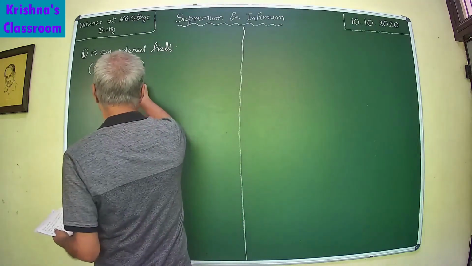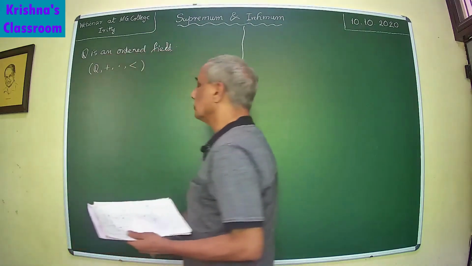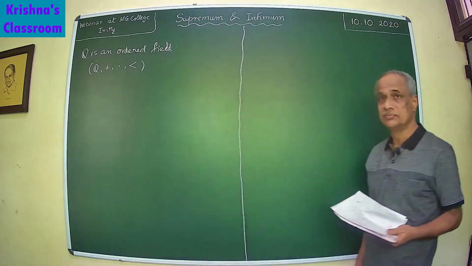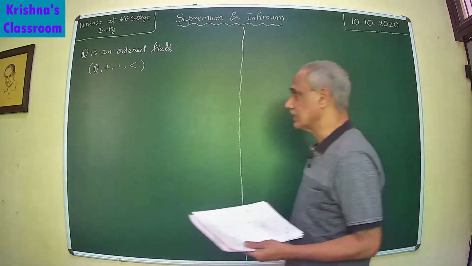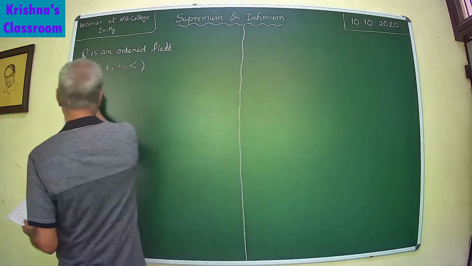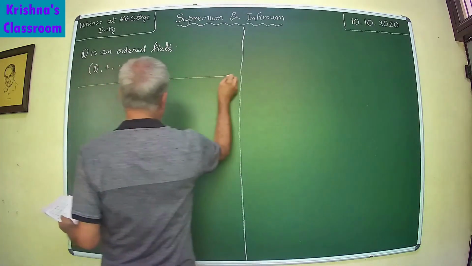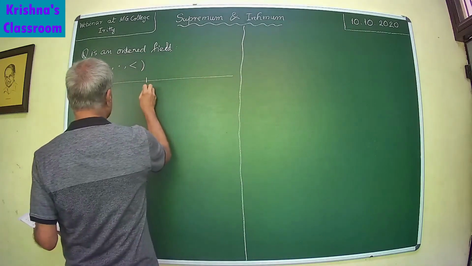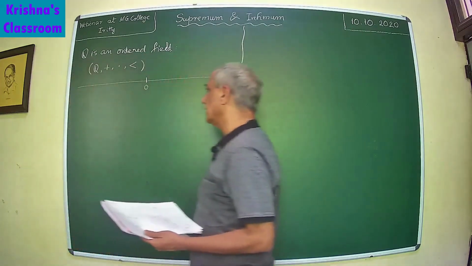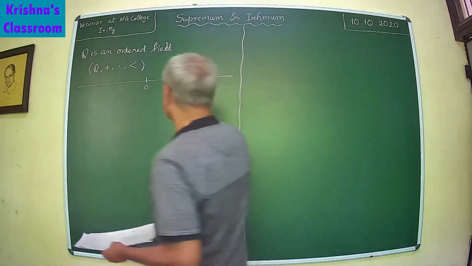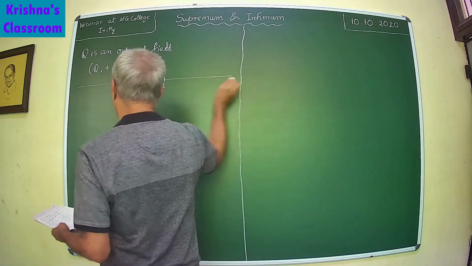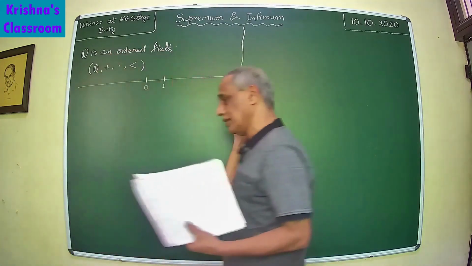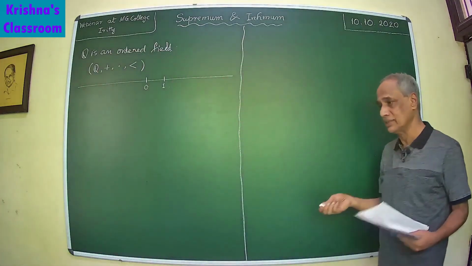Now, one of the shortcomings of Q was that, or at least initially it was felt that it completely occupies the so-called real line. That is, on a line, if you choose a point 0 and unit 1, then all the points can possibly be expressed as a rational number.